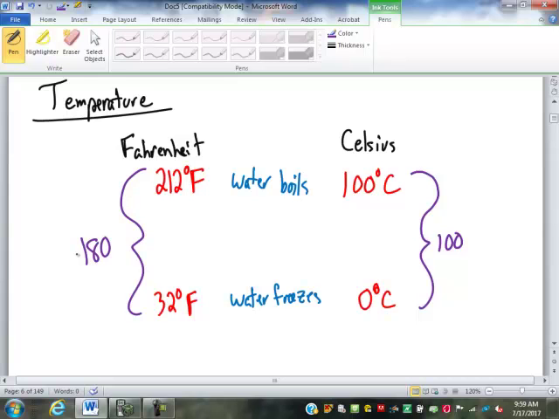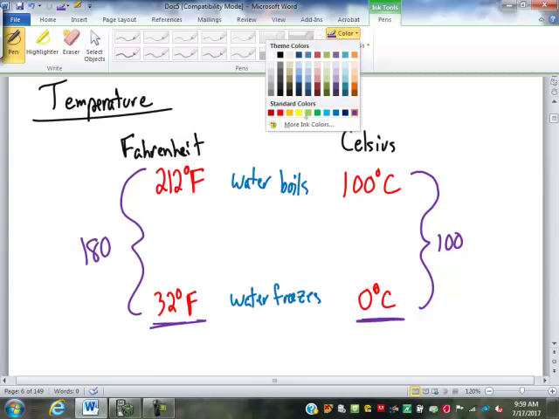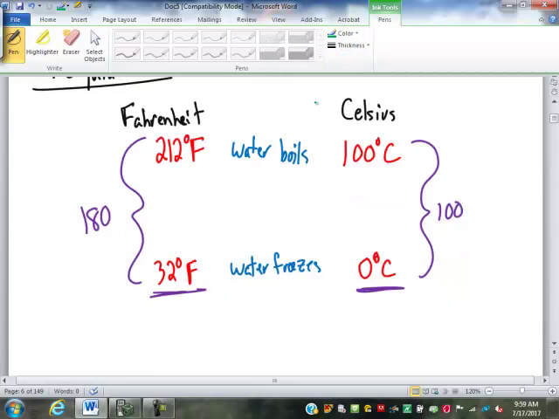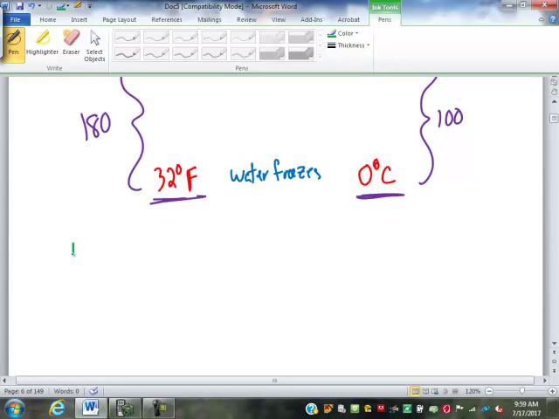The issue here that we did not run into in our other measurements is right here. There's no common 0 point. In all of our other measurements, for lengths, 0 inches equaled 0 centimeters. For weight and mass, 0 pounds equaled 0 kilograms.